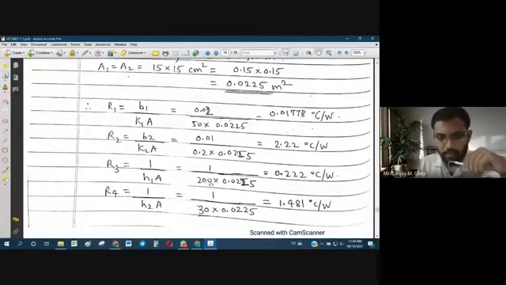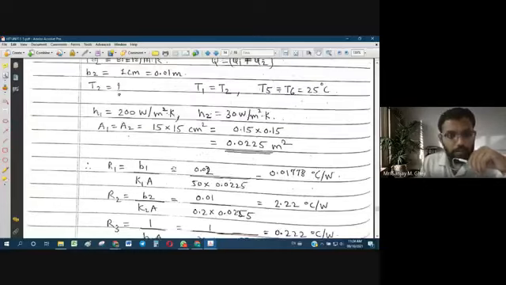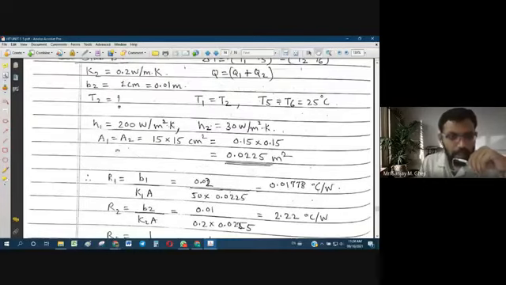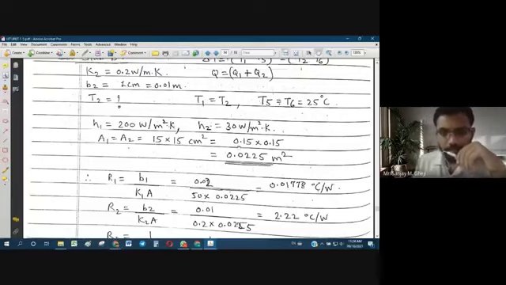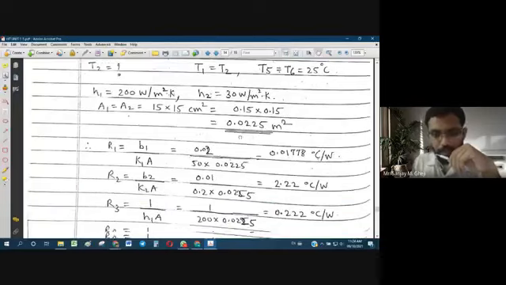H1 is 200, area is 0.0225. Now where has this area come from? To find this cross sectional area, dimensions are given as 15 centimeter by 15 centimeter. We convert to meter, 0.15 into 0.15, so you get 0.0225 meter square.